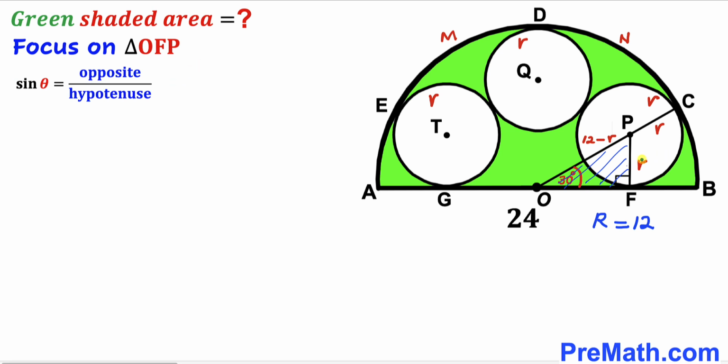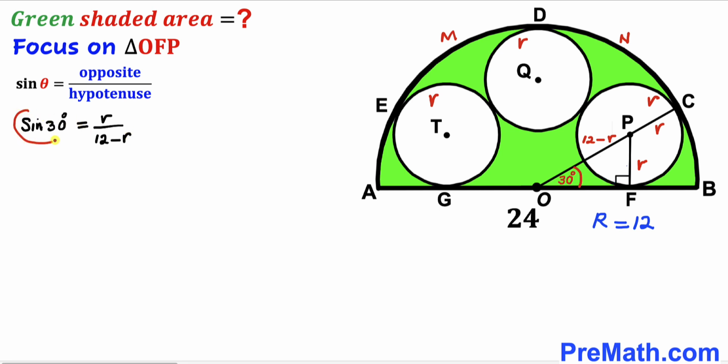In our case, the opposite is lowercase r, the hypotenuse is 12 minus r, and the angle theta is 30 degrees. So sine of 30 degrees is equal to r divided by 12 minus r.